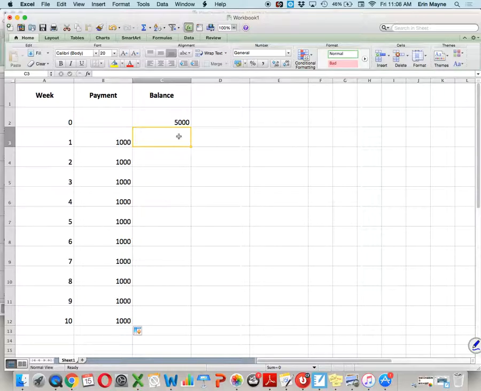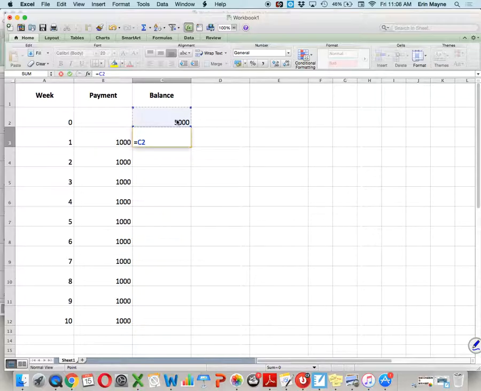Okay, so when we want the spreadsheet to read cells, we hit equals. We want it to reference the previous balance. I just touched that cell, which is now referencing, if you notice, see this bar up at the top? It's saying we're going to do equal C2. It's here too, but you can always see it up here in that bar as well.